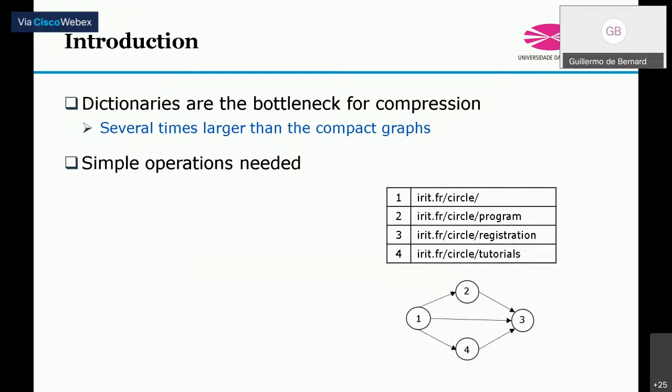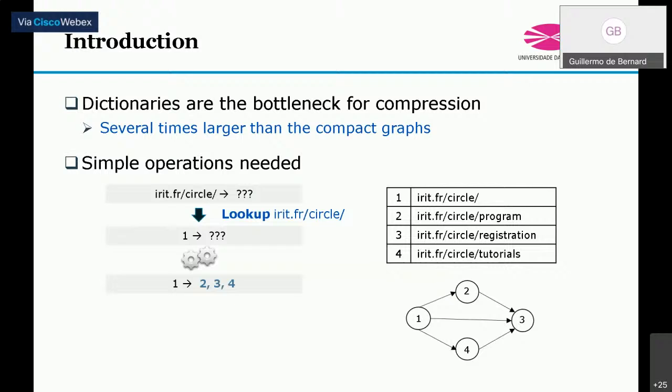And also, we can solve many basic operations on the web graphs with simple queries on the string dictionary combined with more complex queries on the structural graph. For instance, if we want to find all the URLs that are a successor of a given one, that is, that are pointed by a given one, we first look up the string in our dictionary to get the corresponding ID. Then we run the query in any representation of the structural part of the web graph.